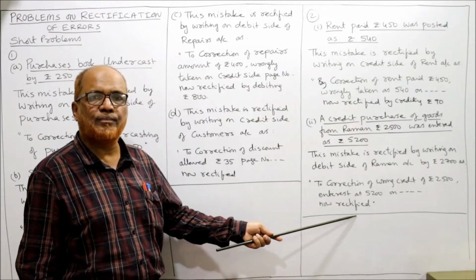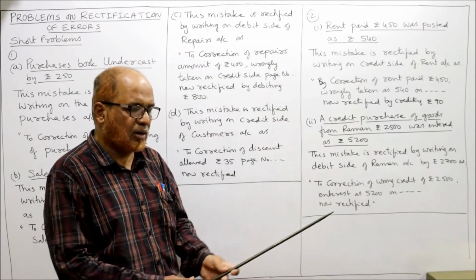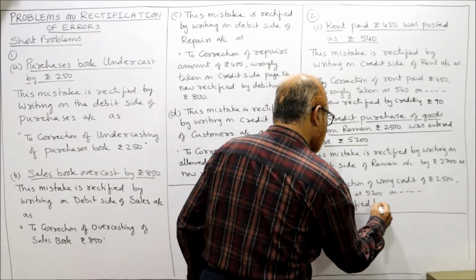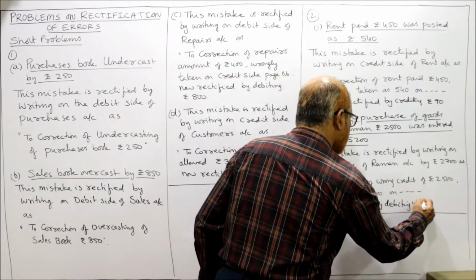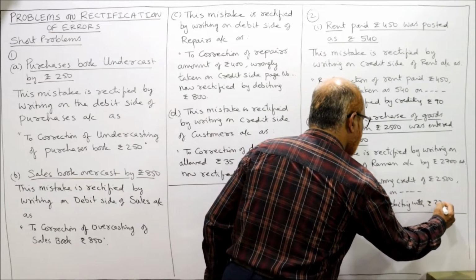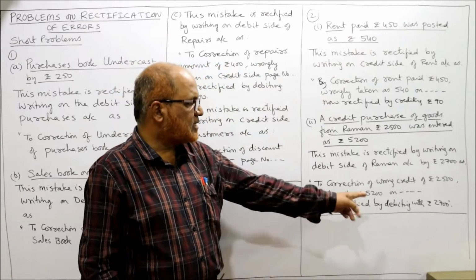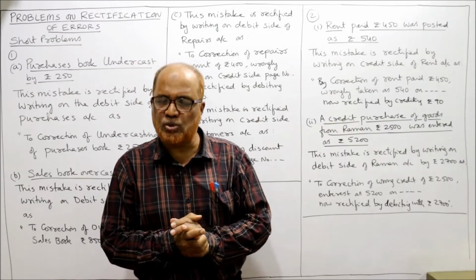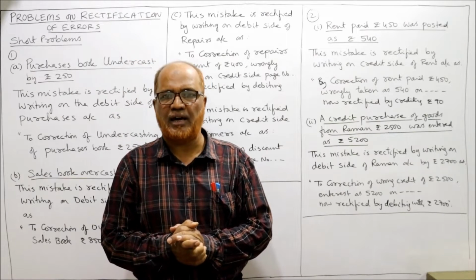Now rectified by debiting with rupees 2700. That's it. So these are the first two problems, short problems on rectification of errors.